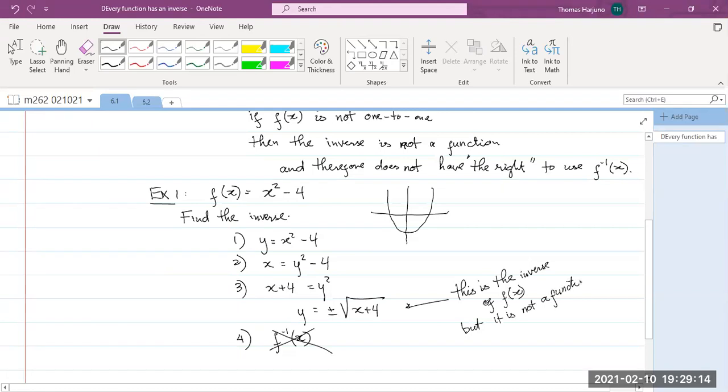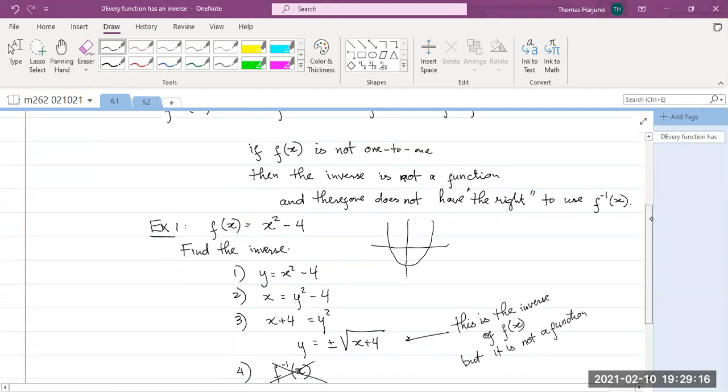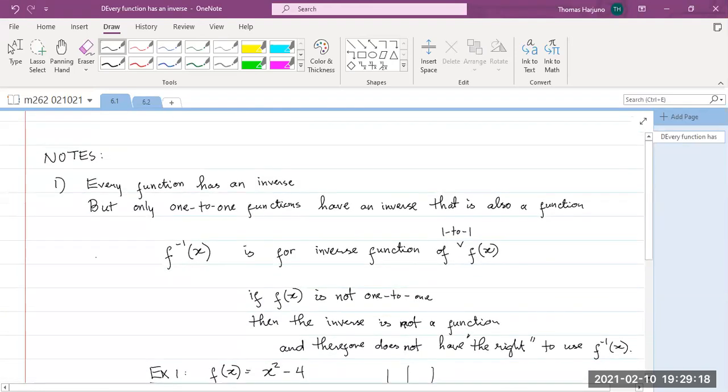I emphasize this because a lot of students, even though they come to calculus 2, which means they already passed calculus 1, still have the misunderstanding that an inverse has to be a function. No, that's not true.